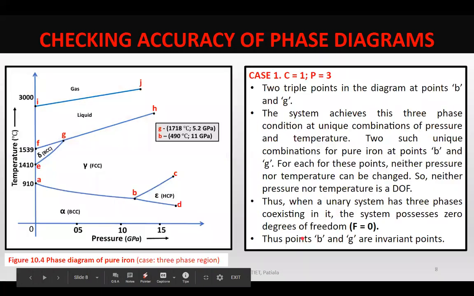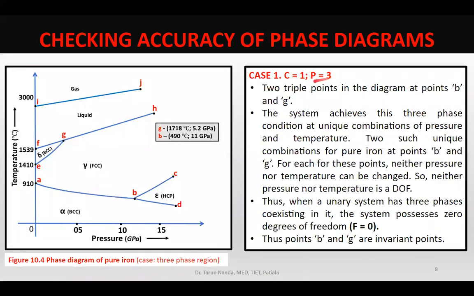Similarly, when I go to the third type of region, the three phase region, you'll see that at this triple point, where there are three phases, delta, liquid and gamma, coexisting in the material system, or if I come to point B, which is the other triple point or the other three phase region, both these triple points occur at a unique value of temperature and pressure.